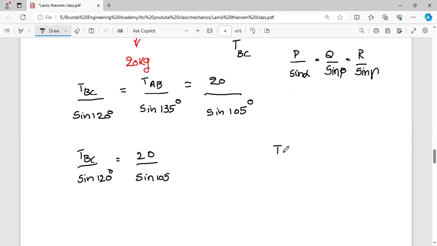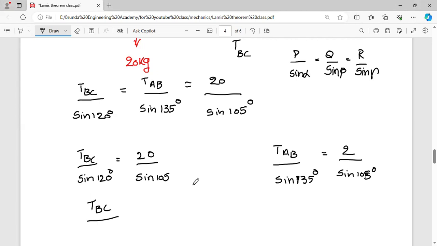And another case is TAB by sine 135 degrees equal to 20 by sine 105 degrees. So from this, now TBC by sine 120.